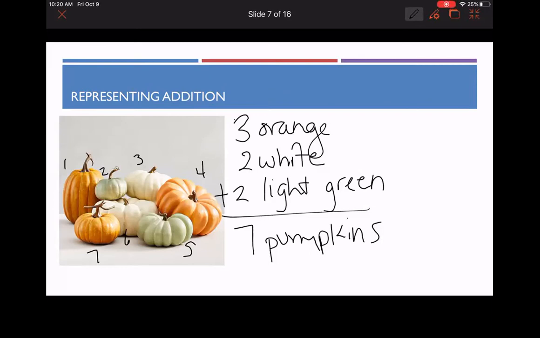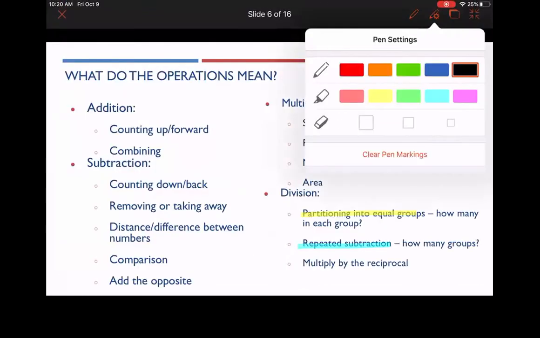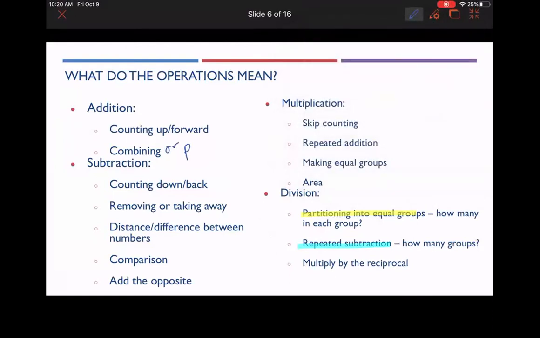Because when you look at the picture itself, your mind is automatically thinking, oh, how many total is that, right? So for addition we saw this idea of counting up or counting forward or combining, and I can even add, or put together. We're combining or putting together sets, groups, quantities, ideas.